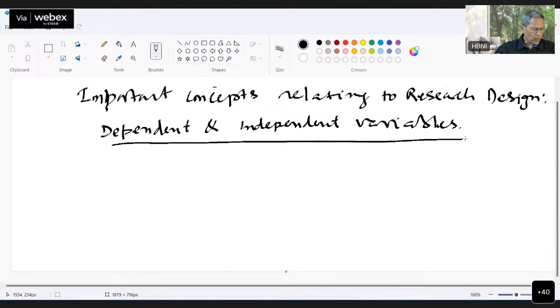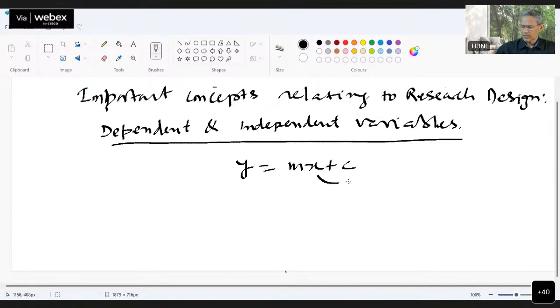Now, if one variable depends upon or is a consequence of the other variable, it is termed as the dependent variable. Normally, we write y is the dependent variable and x is the independent variable. Suppose I write the equation y is equal to mx plus c.